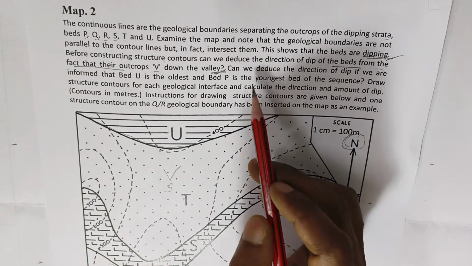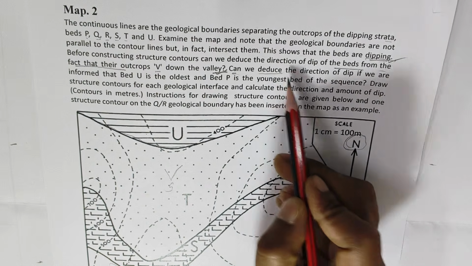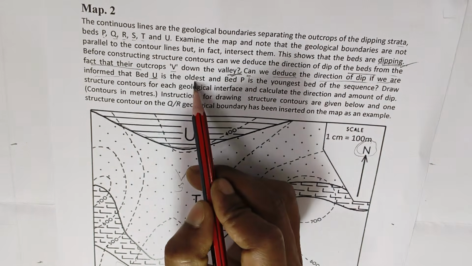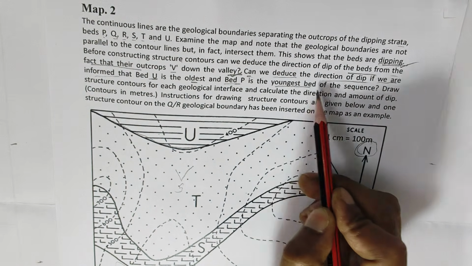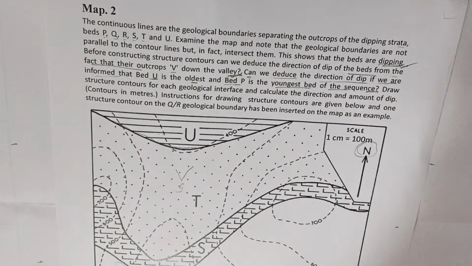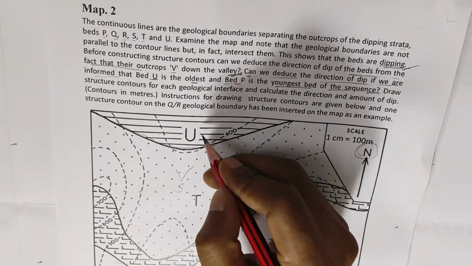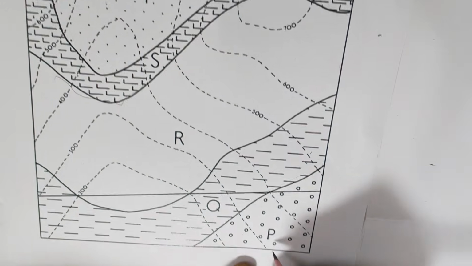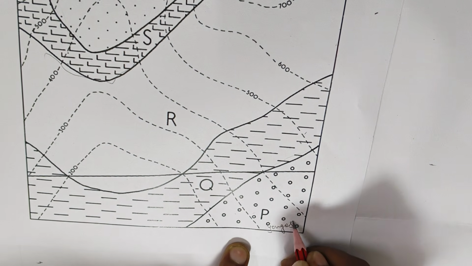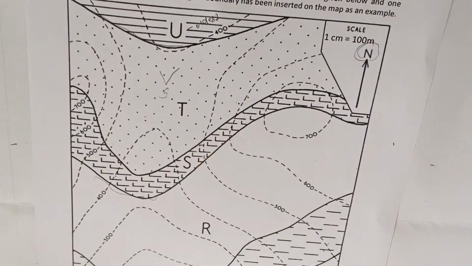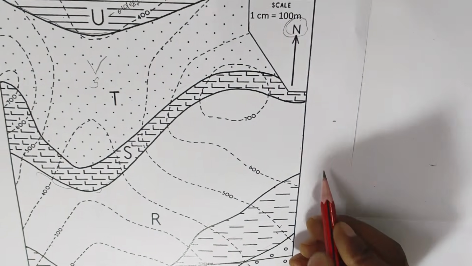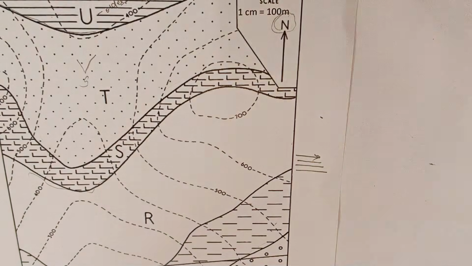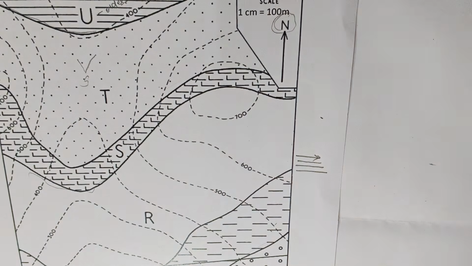Now the next thing is, can we deduce the direction of dip if we are informed that bed U is the oldest and bed P is the youngest bed of the sequence? Here it is mentioned that this is our oldest, and P is the youngest. We know that in a normal strata the younging beds are found in the direction of dip.